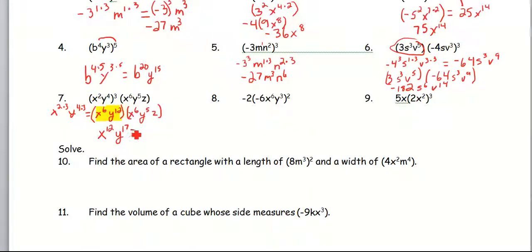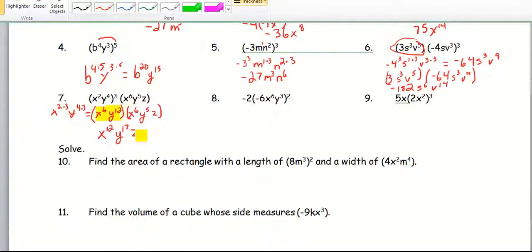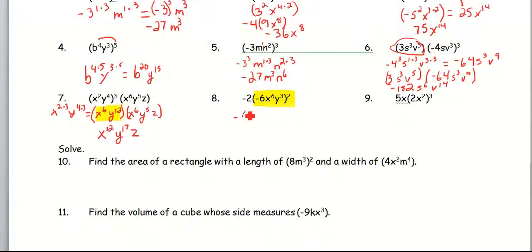All right, number 8, what you have to do is you have to take care of the part in parentheses first. That's this. So let's look at that. We're going to do that first. So that's negative 6 squared, x to the sixth times 2, y to the third times 2.